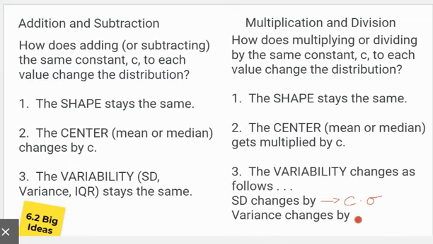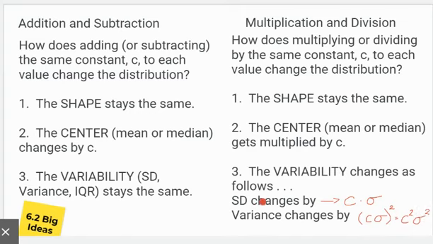But what about variance? Well, we know that variance is the square of standard deviation. So what we need to do is multiply the standard deviation by whatever that value of C is, and then square it. So another way that we could look at this algebraically is we would square C and then also square the standard deviation.